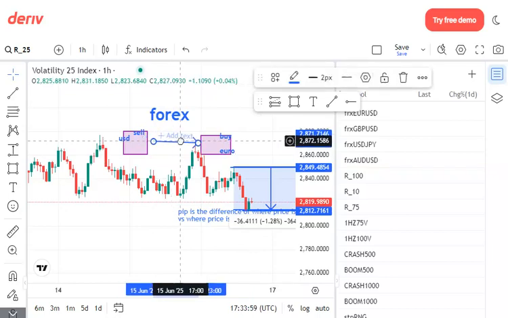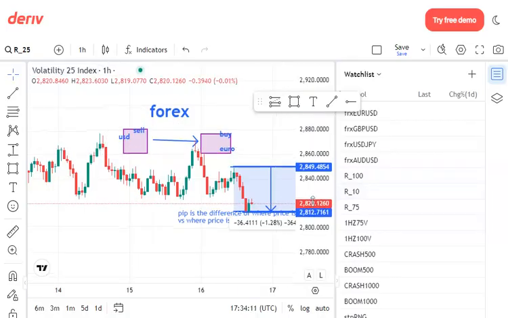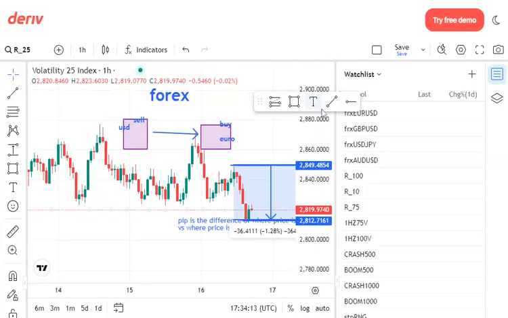However, in terms of this Volatility 25 index, this is a volatility index. This is a synthetic asset which we are using our little amount of money to purchase. Why is a broker important? A broker like Deriv gives you access to doing this.